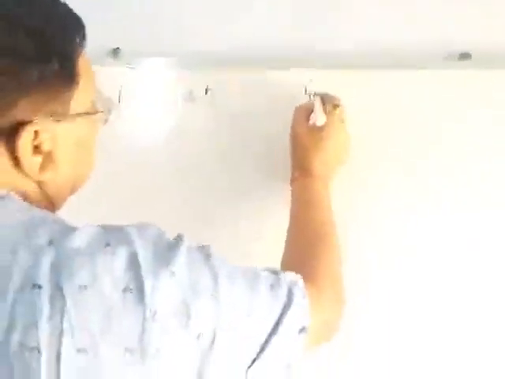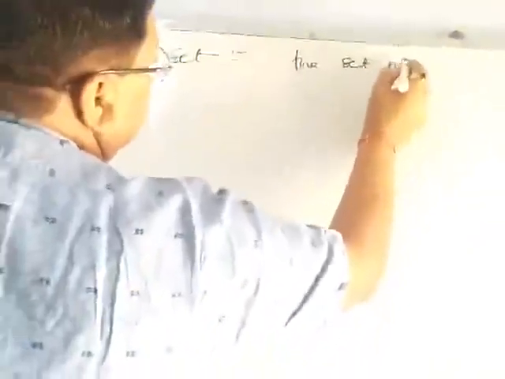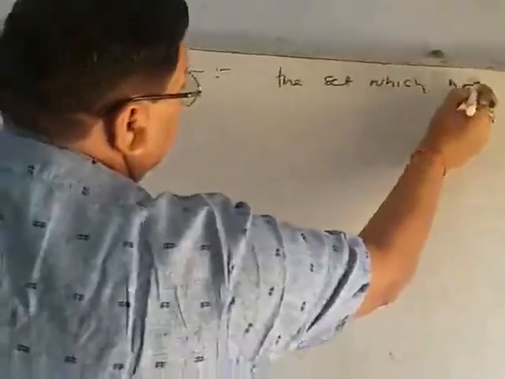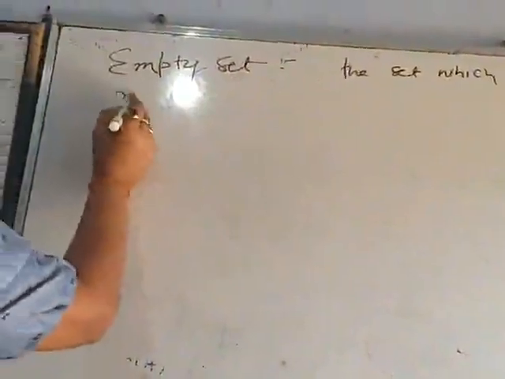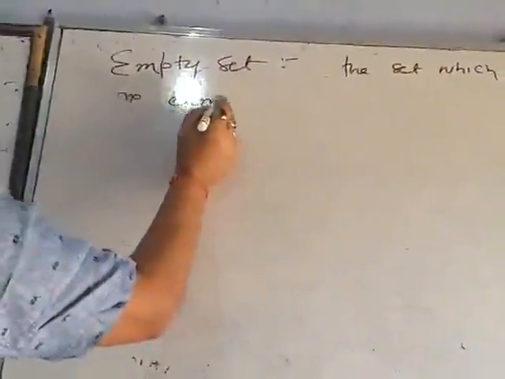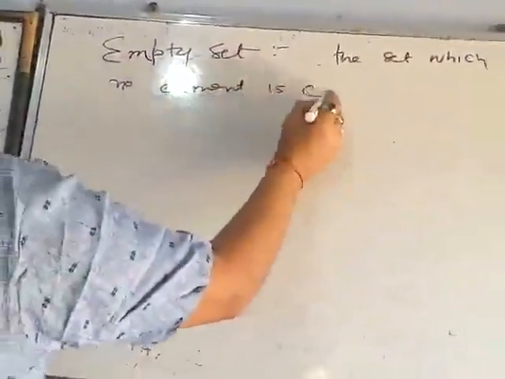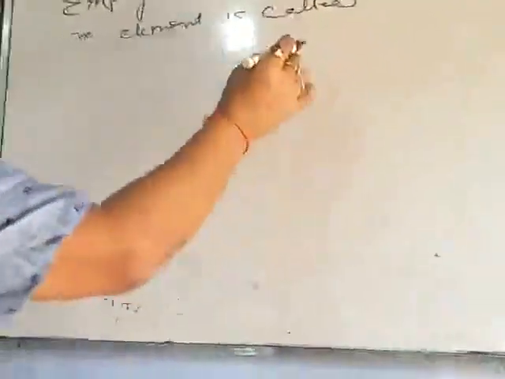Now in finite sets there are other sets also. Empty set: the set which has no element is called an empty set.